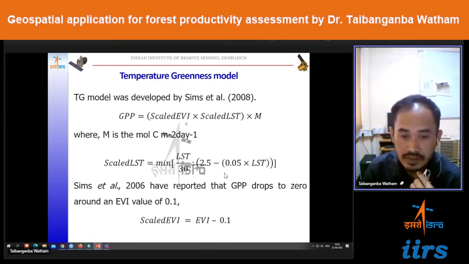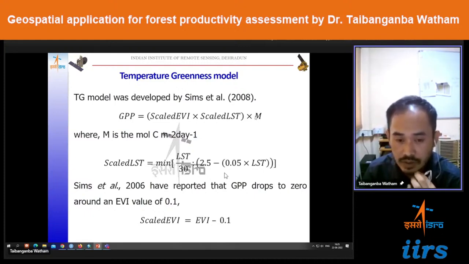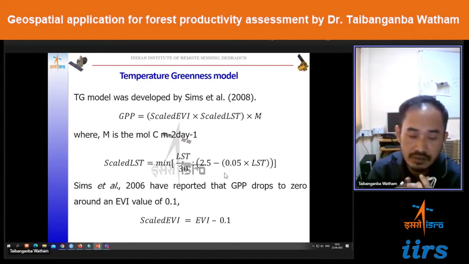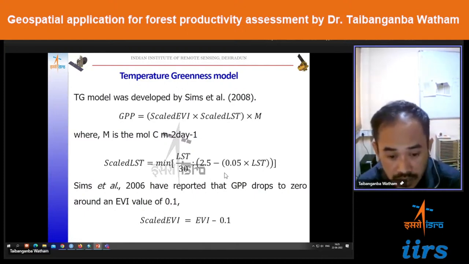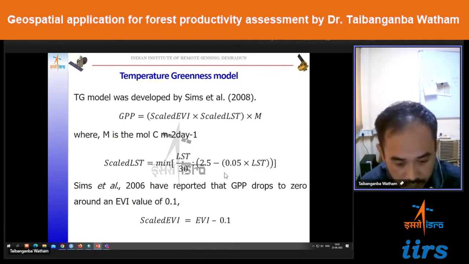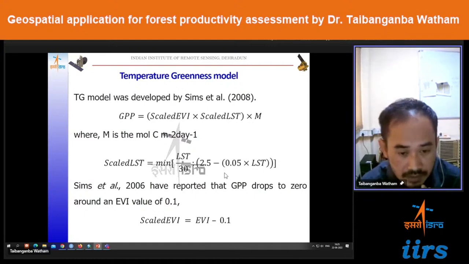So using the scaled EVI and scaled LST, we can parameterize the M value for a particular forest type or vegetation type. Once we have parameterized the M value for a particular vegetation or forest type, we can use the same M value for other regions also if the forest type or the vegetation type is the same.